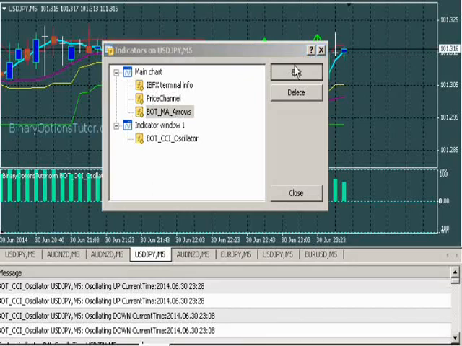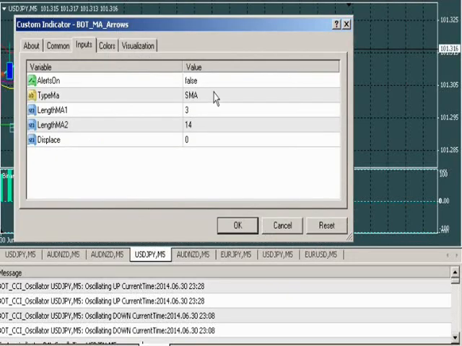We can go over here to our moving average arrows. You can see we're using a 3 and we're crossing a 14. We're just adding a couple of bars to that hour, and we've moved the average down from 5 to 3. An average is always going to be a lagging indicator, as we've covered in the previous videos.